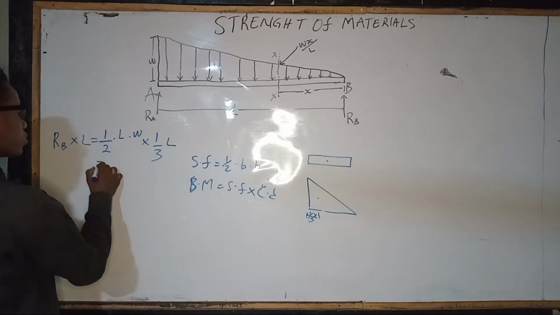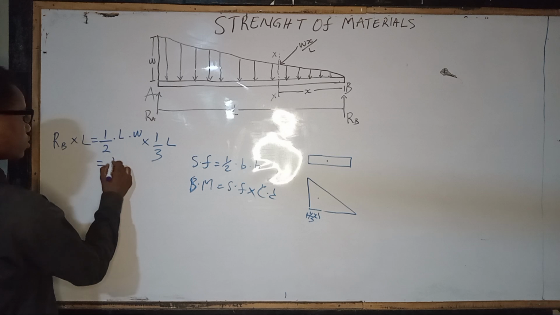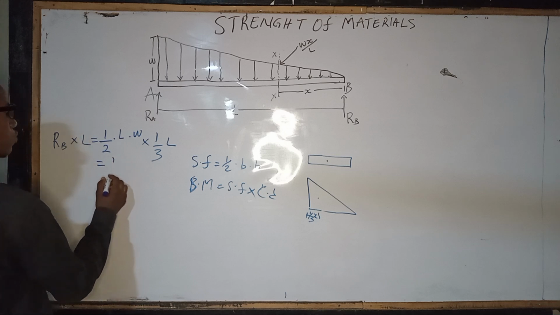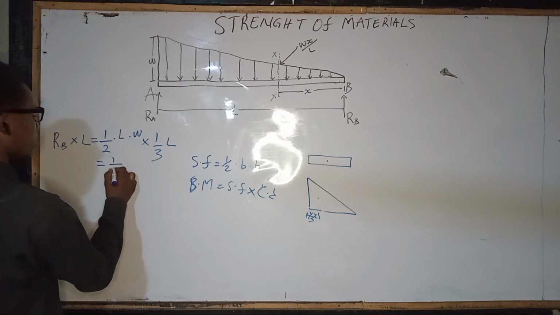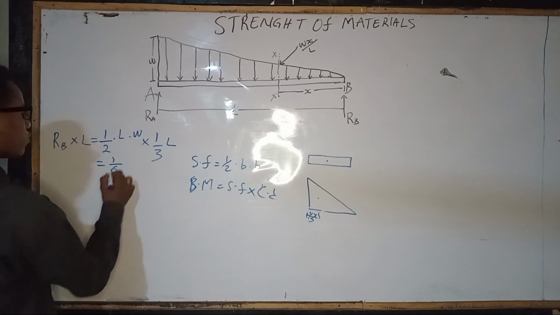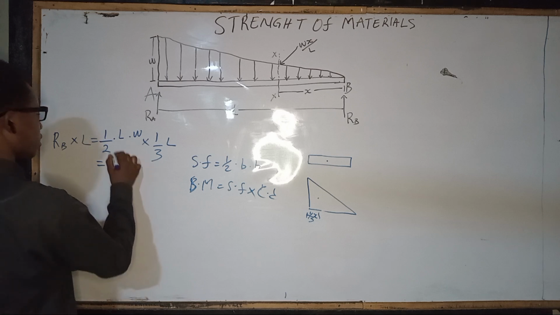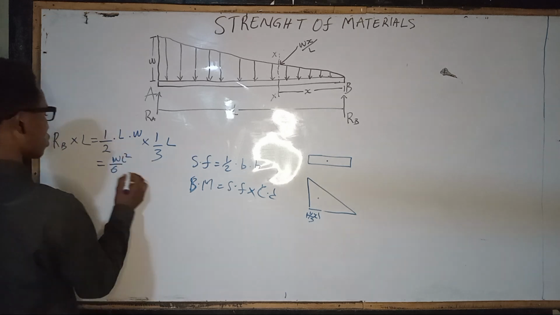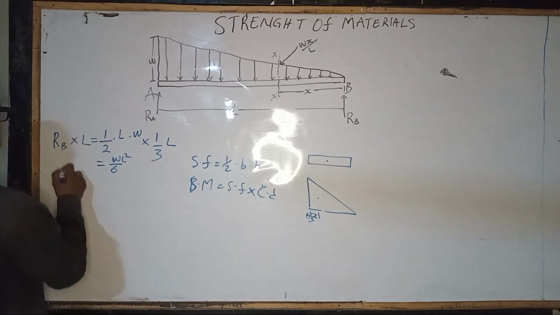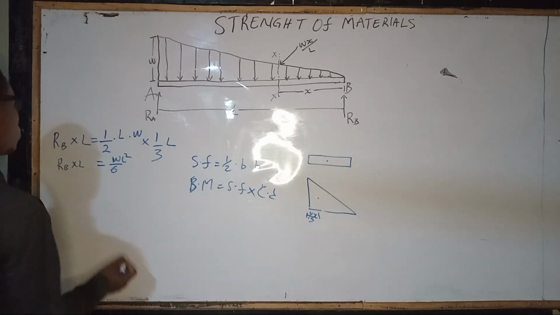So it will be equal to 1/2 times 1/3, that is 1/6 times WL squared, that is WL squared over 6. So RB times L is equal to WL squared over 6.